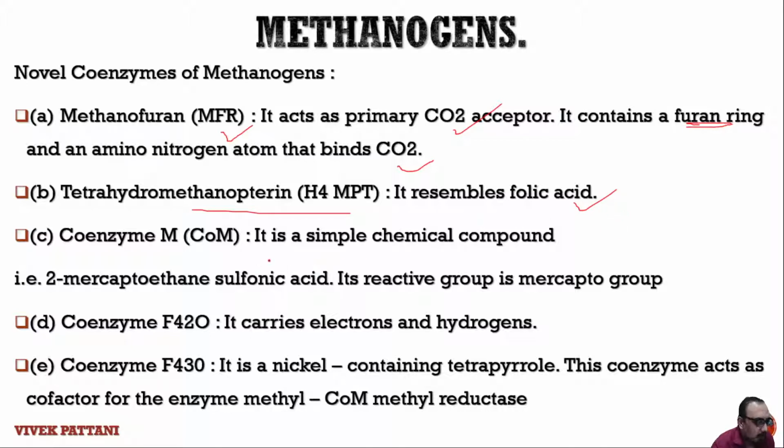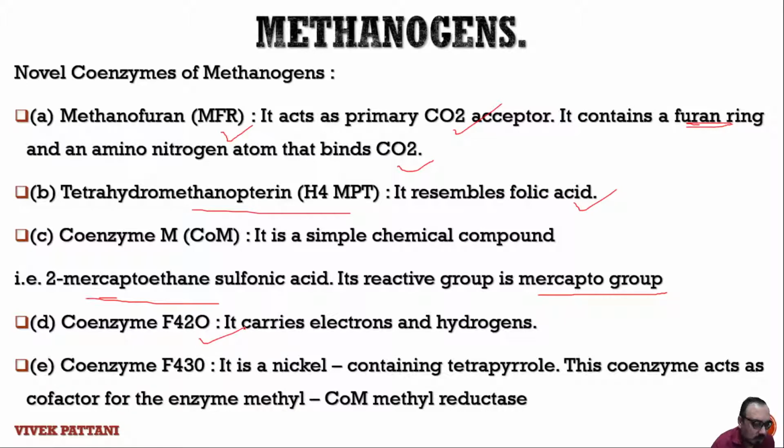The next one is coenzyme M, known as CoM in short. It is a simple chemical compound, basically 2-mercaptoethane sulfonic acid. I am repeating the word again, 2-mercaptoethane sulfonic acid, and it has a reactive mercapto group. The next one is coenzyme F420.